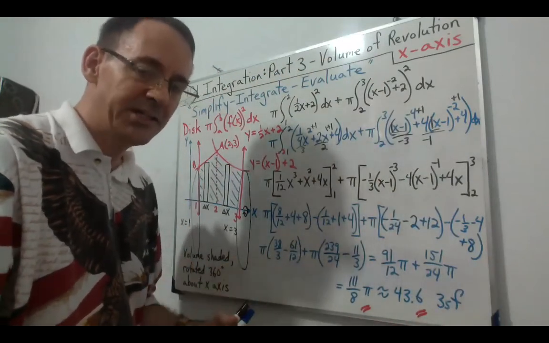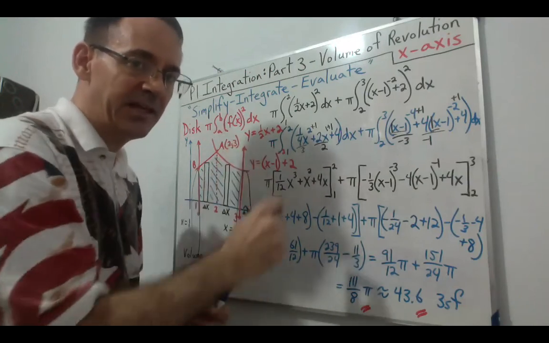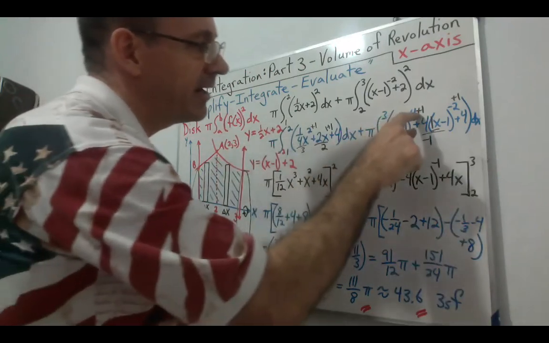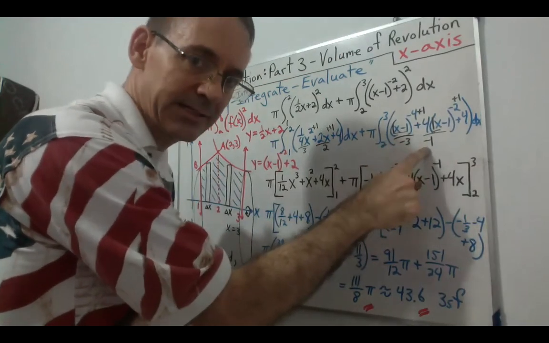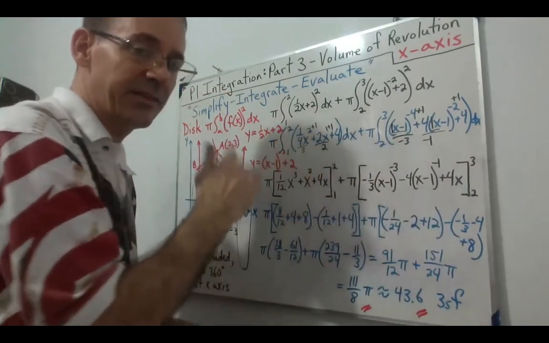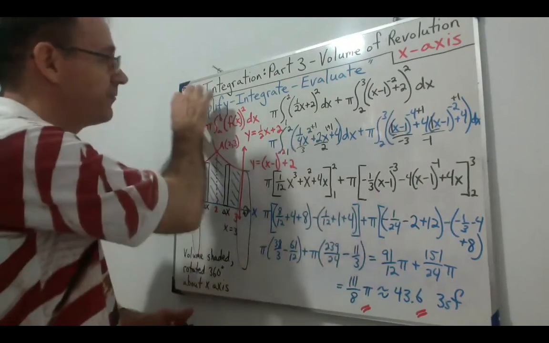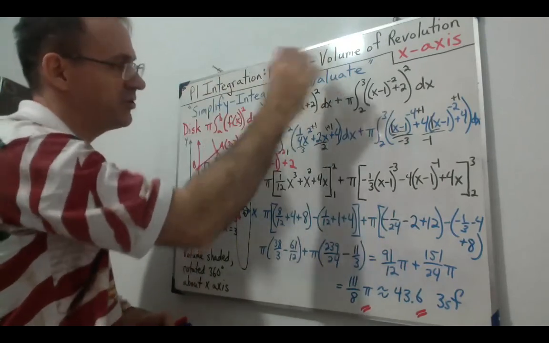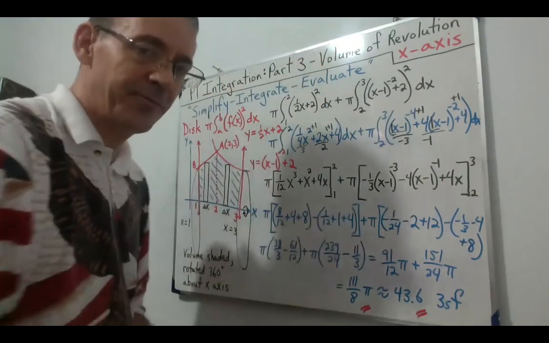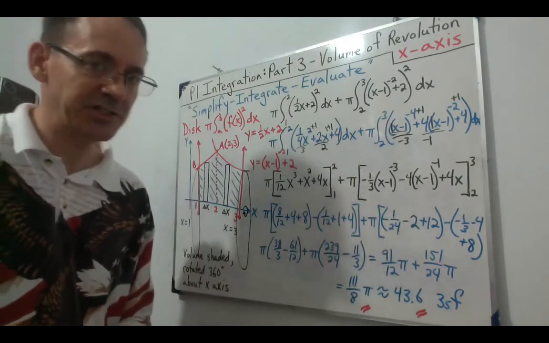So be patient, take your time, think it through, and be very careful with your mechanics of executing the integral, okay? And follow the general simplify, integrate, evaluate, and hopefully you can be successful in these question types.